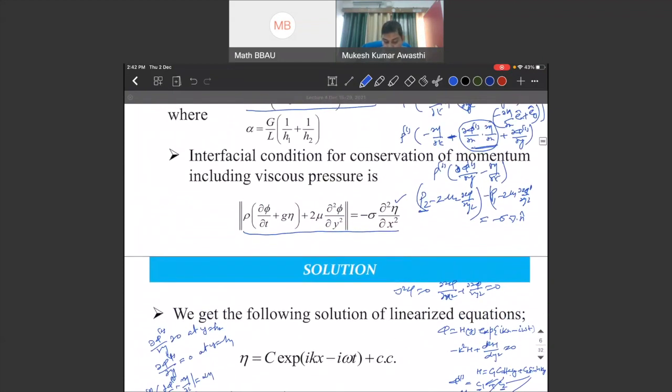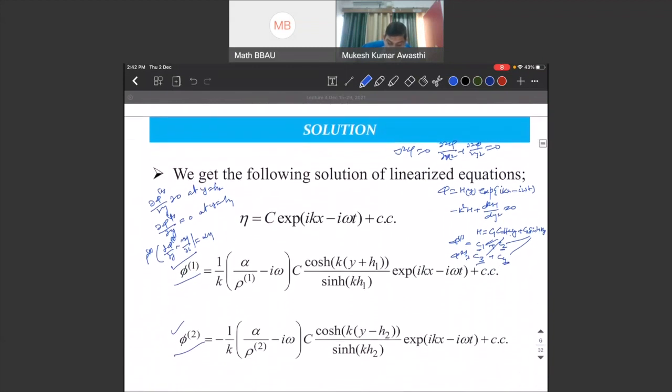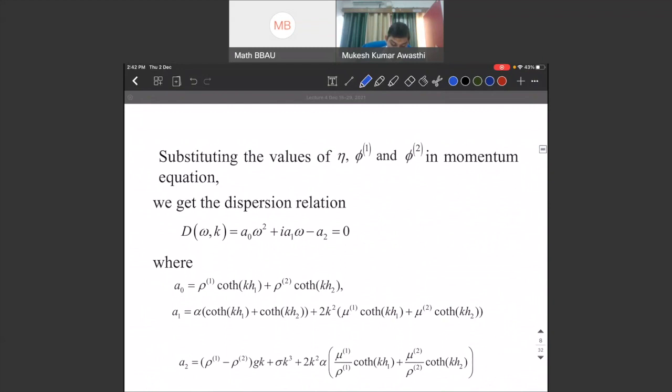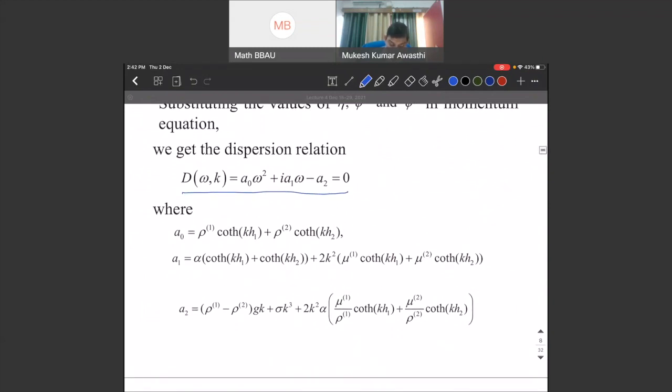This is basically our dynamical equation at the interface. So after putting those values of phi 1 and phi 2, we will get the dispersion relation D(omega), which is a naught omega square plus i a1 omega minus i a2.